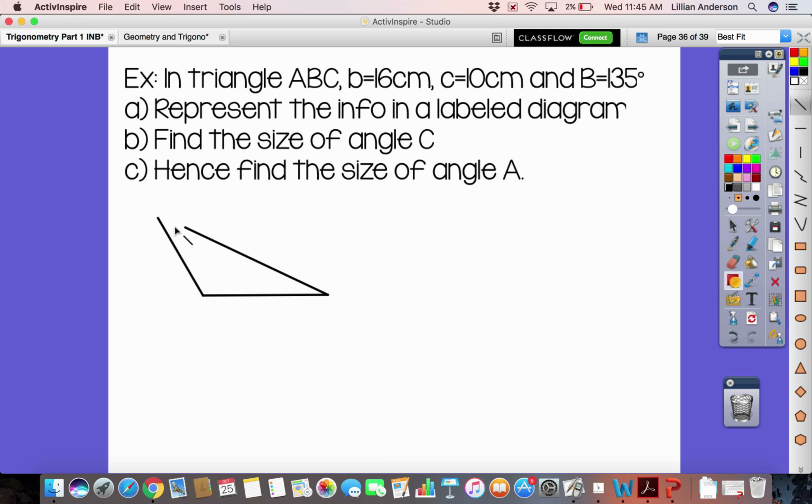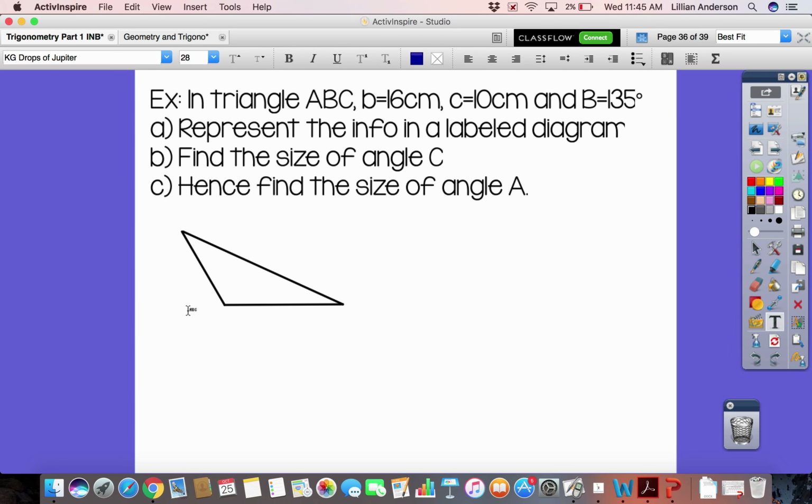Okay. And if you notice, I definitely have an obtuse triangle because angle B is 135 degrees, so I'm going to label that. And then I'm going to put in A and C. And it really doesn't matter where A and C go as long as we put these side lengths across from the respective angles. So side b, that's 16 centimeters, is going to go across from angle B. Okay?